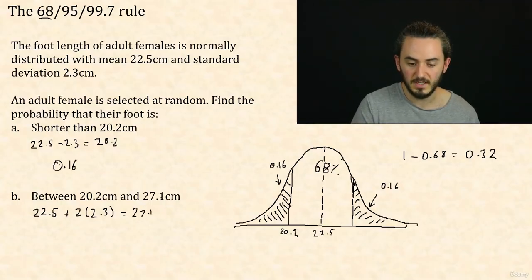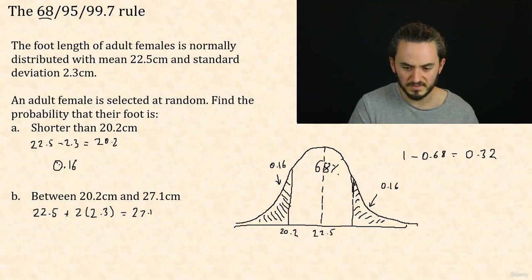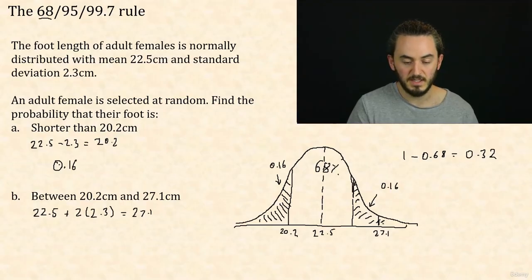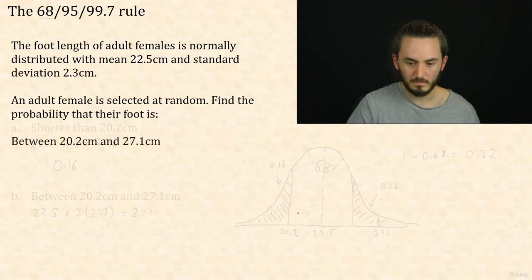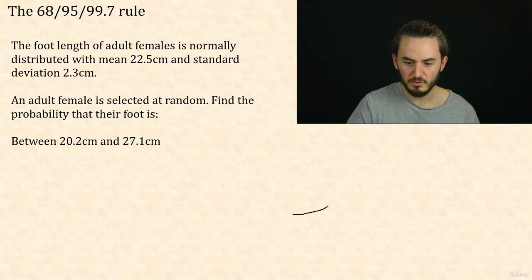So this point here is 2 standard deviations above the mean. How could we work out the probability of being between here and here? Let's give ourselves some room so we can do a new sketch. So here's my curve.